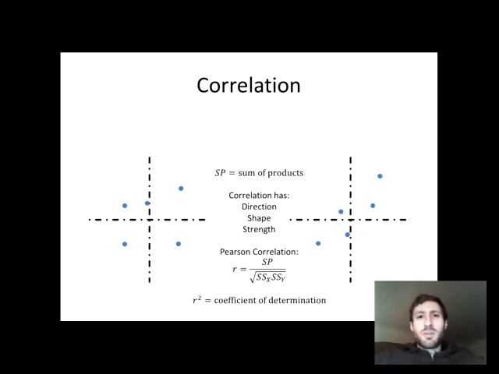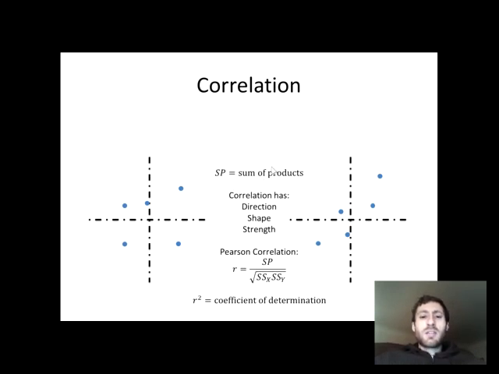You may be familiar with the term correlation. A simple way to think about it is that when one goes up, the other one goes up. So you might have a higher weight if you have a higher height, for example. And you could also have an anti-correlation, where one thing goes up but the other thing goes down. So let's take a look visually at this kind of idea.